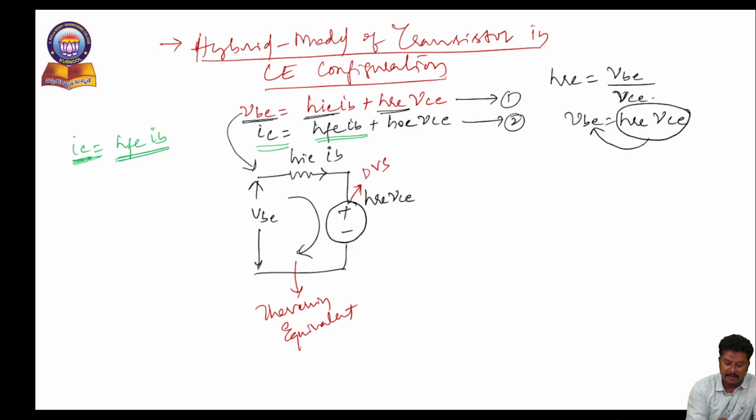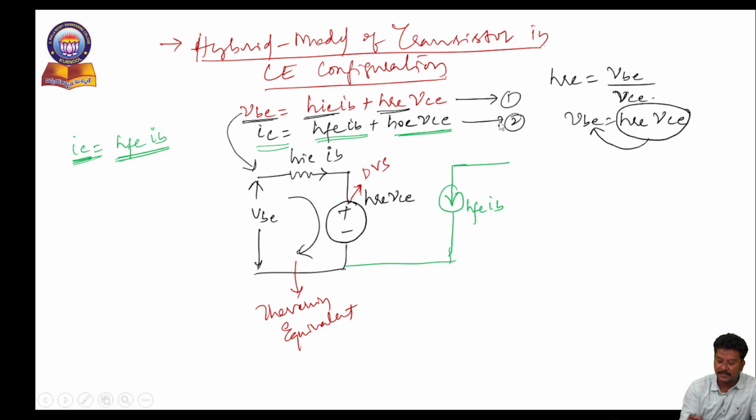That current behavior I am representing with a dependent current source, HFE IB. This is a dependent current source. And similarly, from the second part of the second equation, I am considering IC by VCE is equal to HOE.